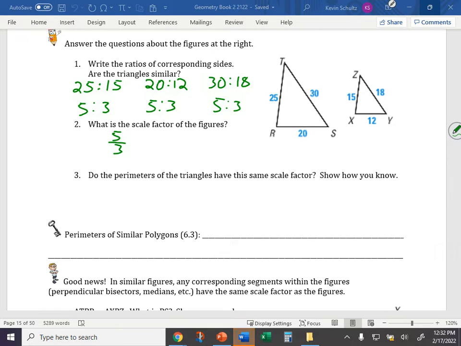And that's to say that triangle TRS is equal to 5/3 times the triangle ZXY. Whatever measure you have in triangle ZXY, multiply that by 5/3, and you're going to get that measure in triangle TRS.